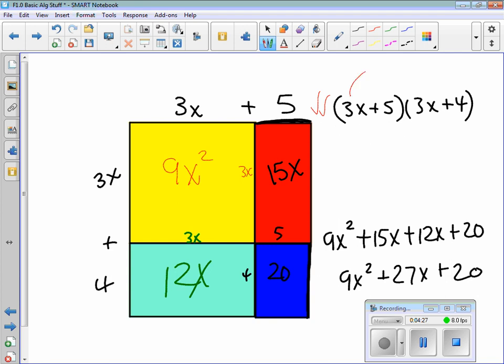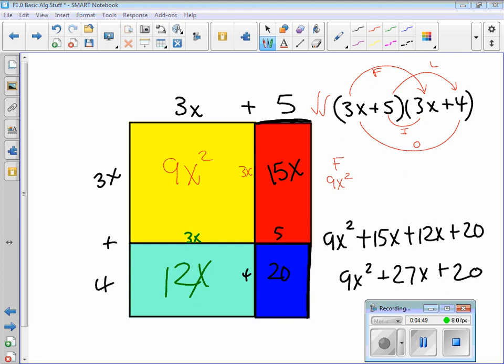So FOIL is you multiply the first, then you multiply the outers, then you multiply the inners, and then you multiply the last. Okay? And I like to draw it that way. One reason is because it looks like a monkey's face. Okay, so I'm going to go ahead and do that in that order, and we'll see what we get.